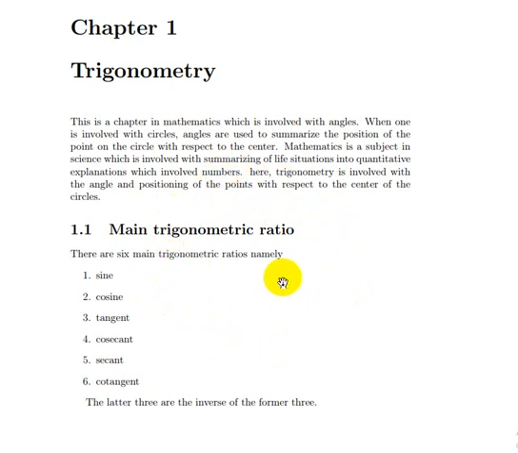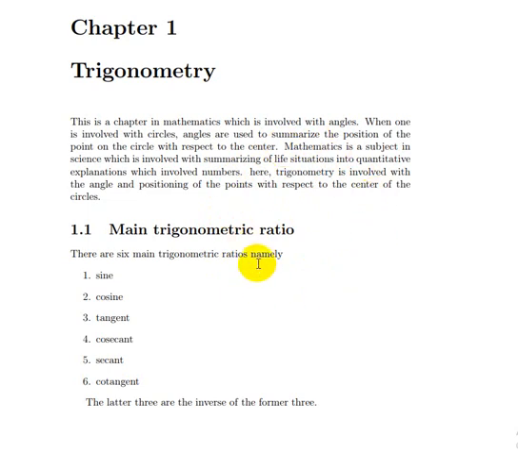We know that the main method of quantifying points in a plane or in space is by using Cartesian planes or Cartesian functions. But this becomes very difficult when you want to deal with circular surfaces.